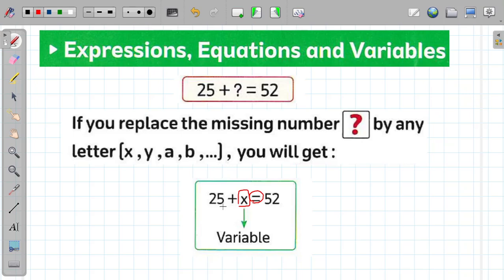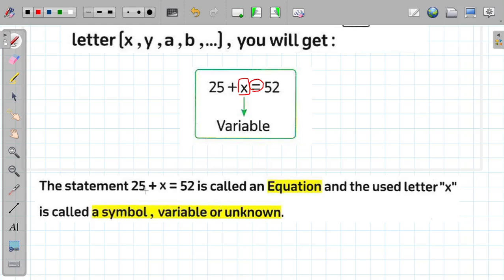So the statement 25 plus X equals 52 is called an equation, and the letter X is called a symbol or a variable. If I have an equal sign, I can say this statement is an equation. If I don't have an equal sign, I can say this is just an expression.